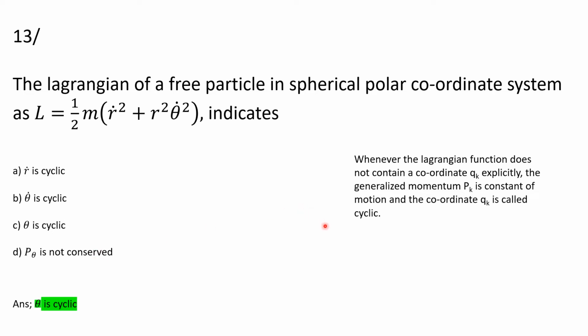We know that whenever the Lagrangian function does not contain a coordinate q k explicitly, the generalized momentum p k is a constant of motion and the coordinate q k is called the cyclic coordinate. So here theta is the cyclic coordinate and p theta is also conjugate. So the answer will be theta is cyclic, option C.